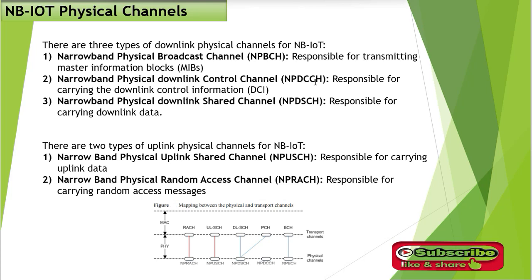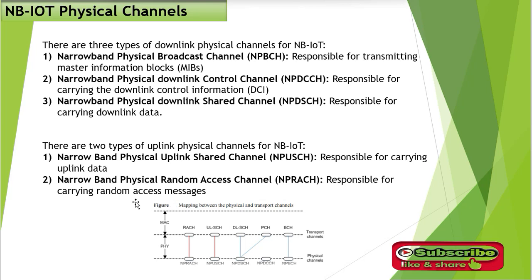And third one is NPDSCH, narrowband physical downlink shared channel, which is responsible for carrying the downlink data. Okay, and below here you can see the mapping between transport channels and physical channels. Okay, so narrowband physical uplink shared channel, NPUSCH, is responsible for carrying the uplink data, and NPRACH channel is responsible for carrying random access messages. So you can read these channels and understand the meaning one by one.